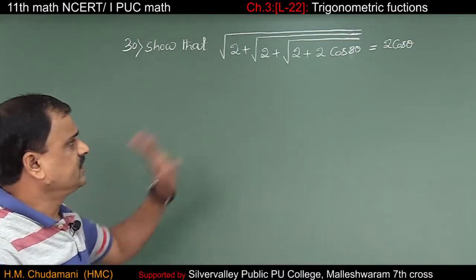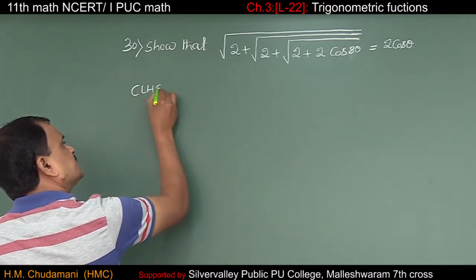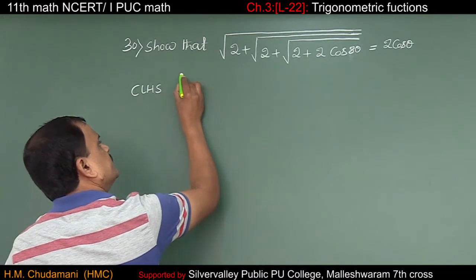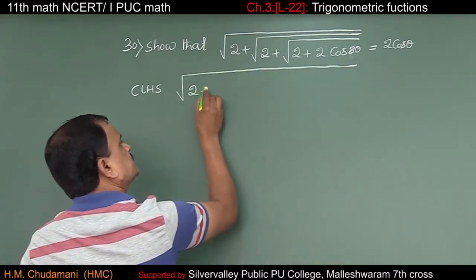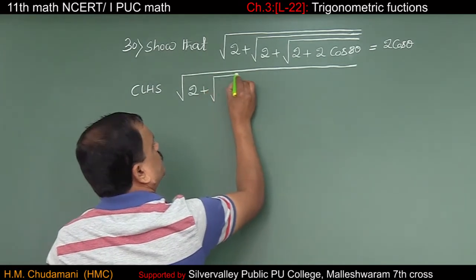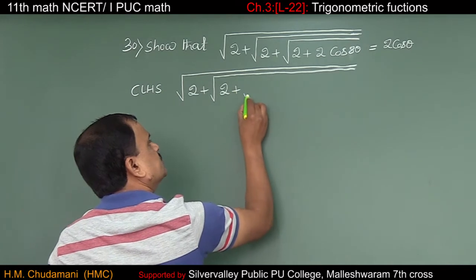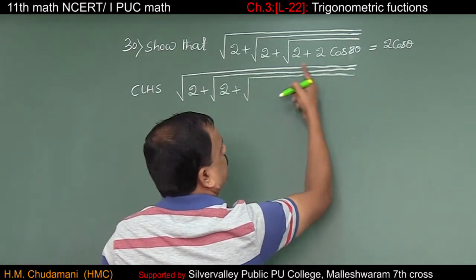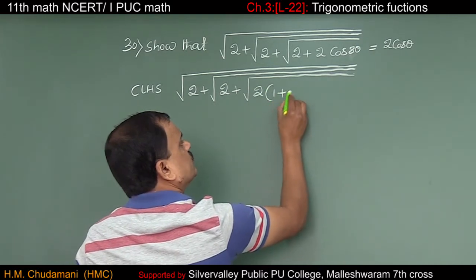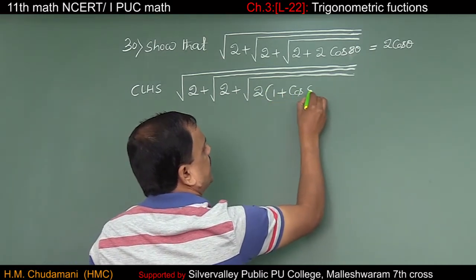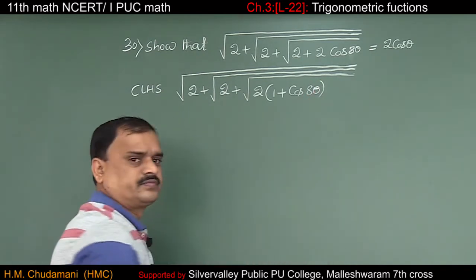Okay, take the left hand side; consider the left hand side to prove the RHS. That is equal to root of 2 plus root of 2 plus root of 2 plus 2 cos 8 theta. Between these two I'll take 2 common: 1 plus cos 8 theta.